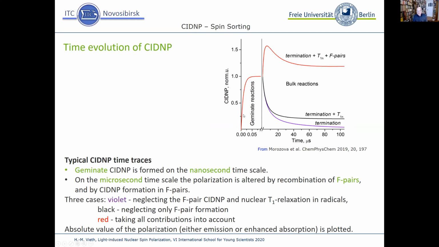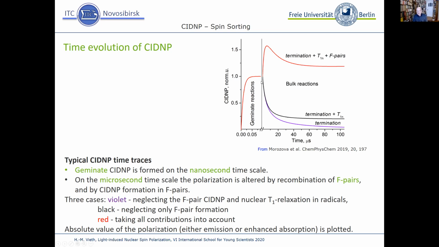So you see the rise of your beta polarization because of the termination reaction in the primary solvent cage, which is called geminate reaction, because the two reactants are twins, Gemini. So it's geminate reaction, and it occurs on the nanosecond time scale.